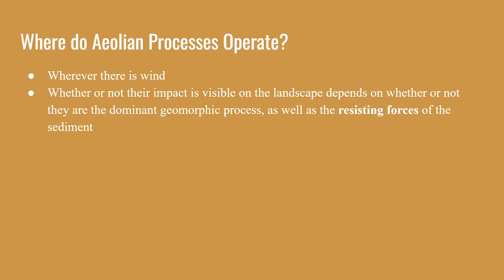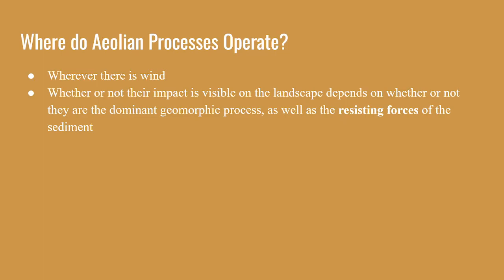But as with any landscape, you have multiple processes going on at any given time, whether those be Aeolian or fluvial or mass wasting processes or glacial processes or all sorts of other types. And in certain landscapes, some processes are dominant, and in others, others are dominant.